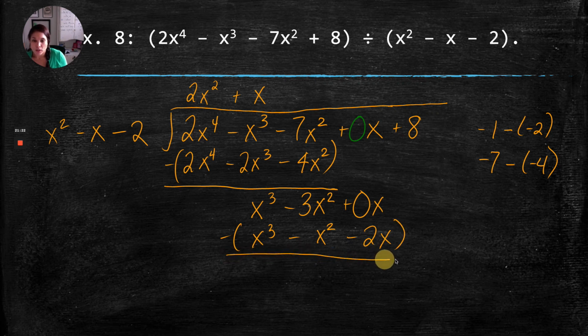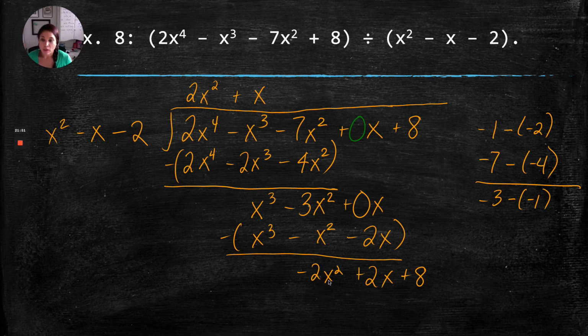Let's subtract. This cancels. A negative 3 minus a negative 1. So that's negative 3 plus 1 is negative 2x squared. A 0 minus a negative 2 becomes a positive 2x. Bring down my last term. So starting at the beginning, x squared goes into negative 2x squared.